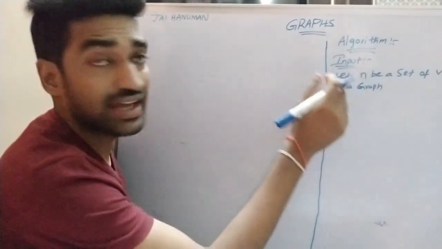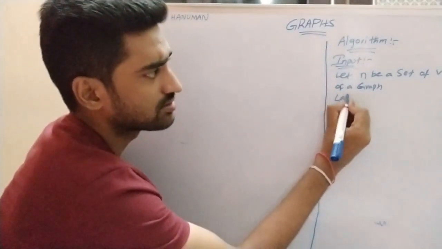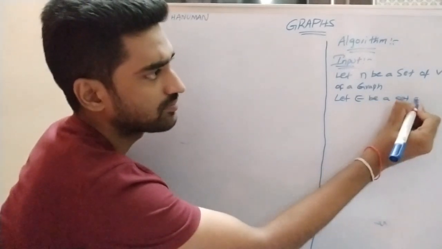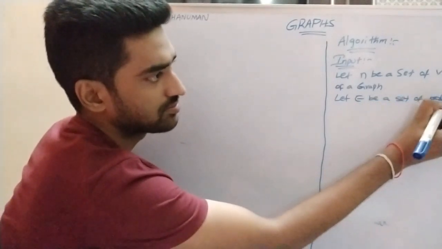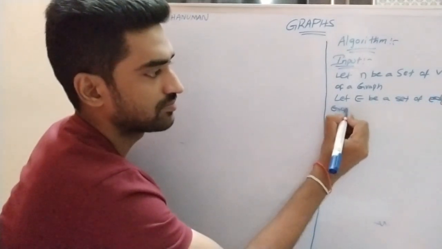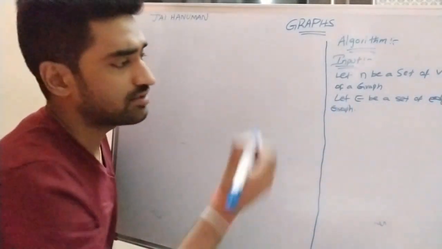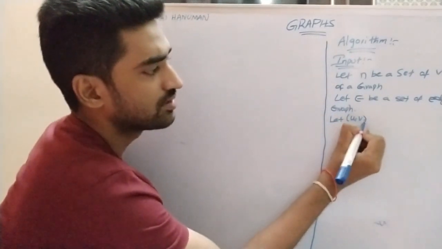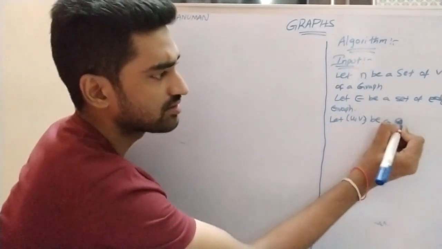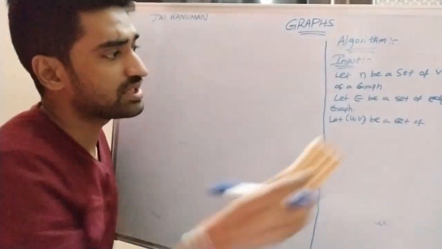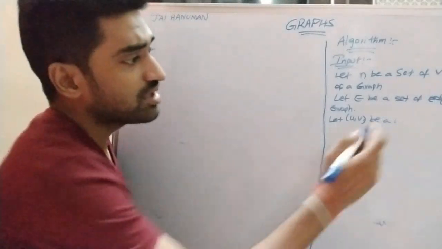Another input is edges. Let E be a set of edges of a graph. And one more input, let (U, V) be a minimum cost edge.